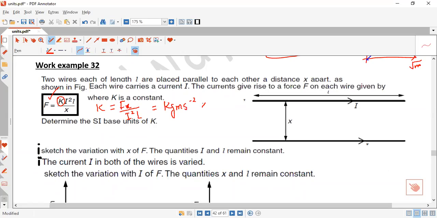And x is length, meters, divided by current, which is ampere square, length is meter. So students, let's do the cancellation, only meters cancel, everything else is there. So kg, m, s negative 2, and A will go up, it will also become negative 2. So this is the base units of k.